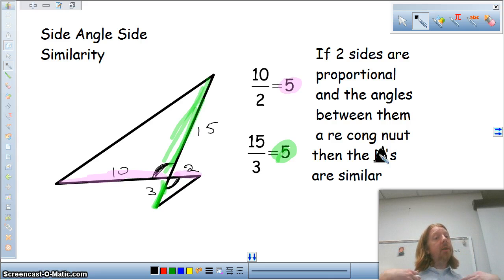So again, this is another illustration of that side angle side similarity. So we've got angle angle, side side side, and side angle side. We should probably start looking at some actual problems that are going to use these. So hang on for those.